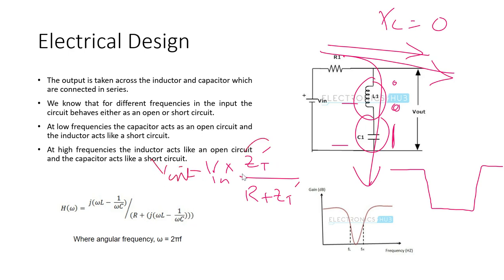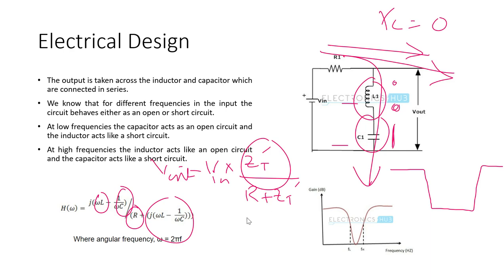So ZT dash is XL minus XC, so omega L minus 1 over omega C, divided by R plus this thing. So this gives us the formula for the output voltage at any frequency. You just put the frequency in it, and it will give you the output in terms of that frequency. So this was a bit about the electrical design of the band rejection filter.